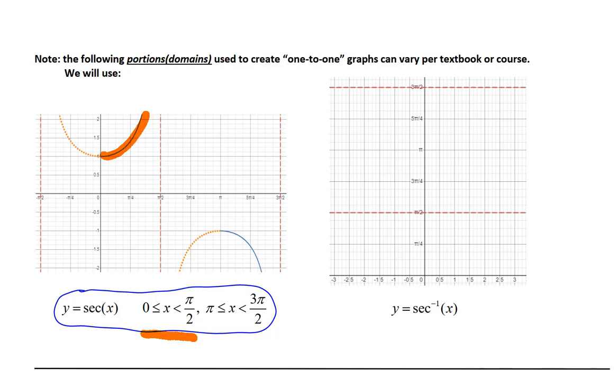Then we're going to move on and use another portion that's further to the right of it. This would be from pi to 3 pi over 2. So if you cut the branch where that is, it looks again like you're kind of chopping one of those branches in half. You'll recall the period for secant involves 2 branches. So a lot of this is built on the introduction we did to these graphs.